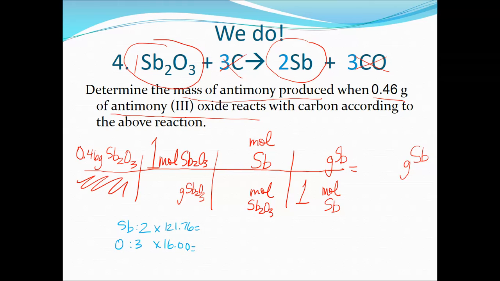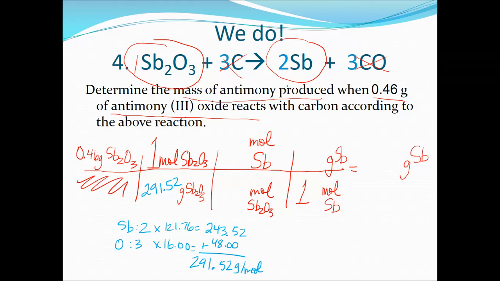So as we calculate our molar mass, we get 243.52 plus 48.00. And when you add that together, you get 291.52 grams per mole. So this is going to plug in here. 291.52 grams per mole.